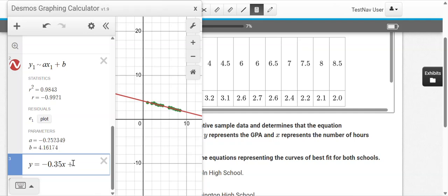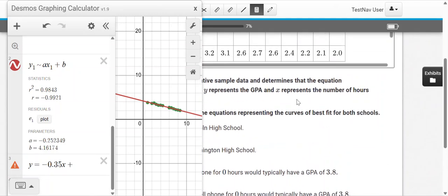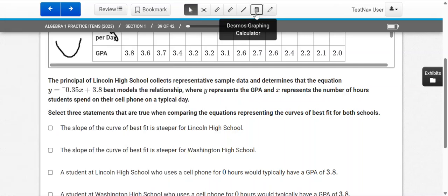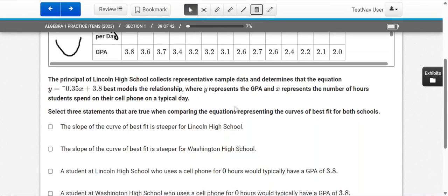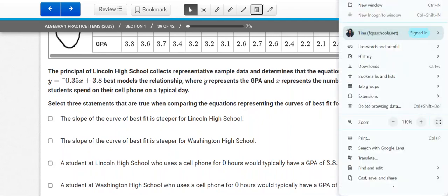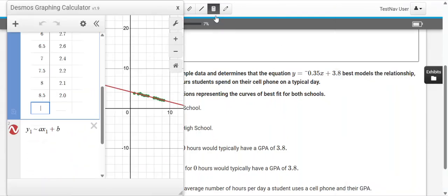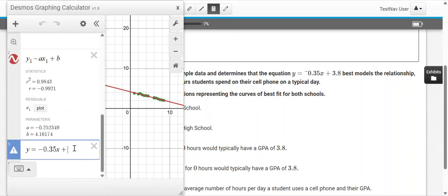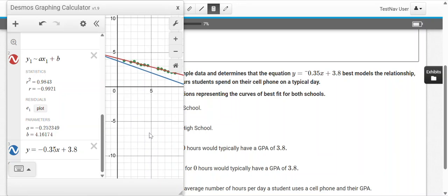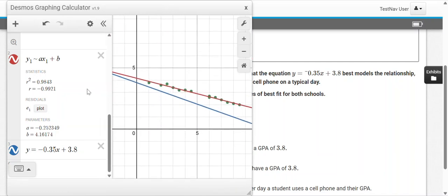Plus 3.8. Okay, so the graph in blue is Lincoln, the second principal, and the graph in red is the Washington High School principal.